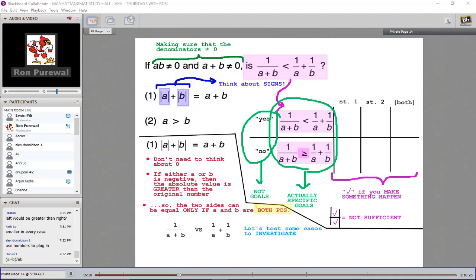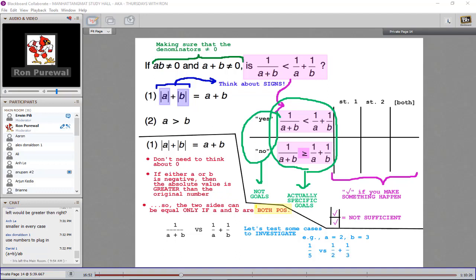Let's say that A is 2 and B is 3, then on the left you have 1/5, and on the right you have 1/2 plus 1/3. I mean, the right-hand side is definitely bigger. And moreover, do you see any kind of relationship here?